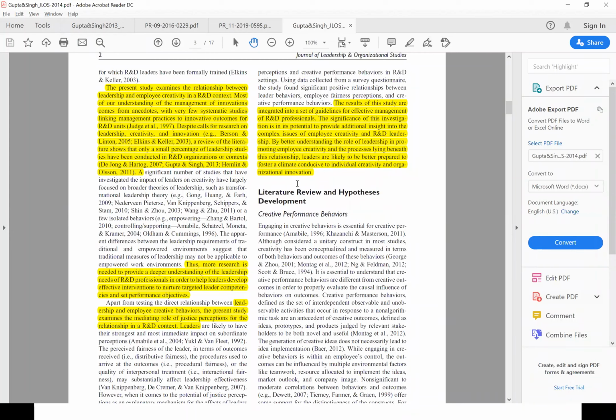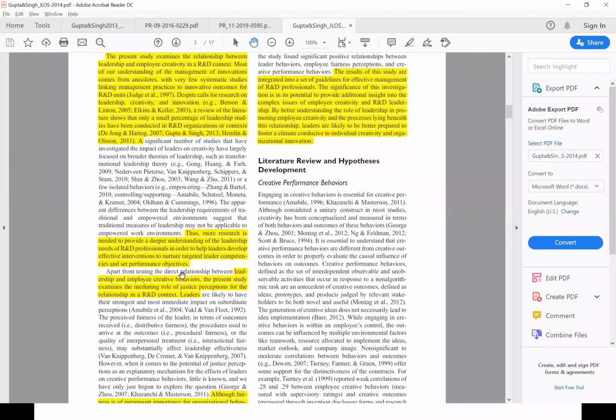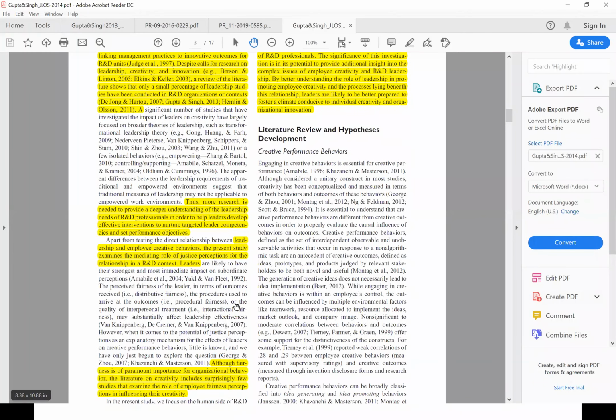So the first thing that I'm trying to state is that R&D is important. We need to test the impact of R&D leadership on creativity. Then I'm also looking at the mediating role of fairness perceptions in the relationship between leadership and employee creativity.